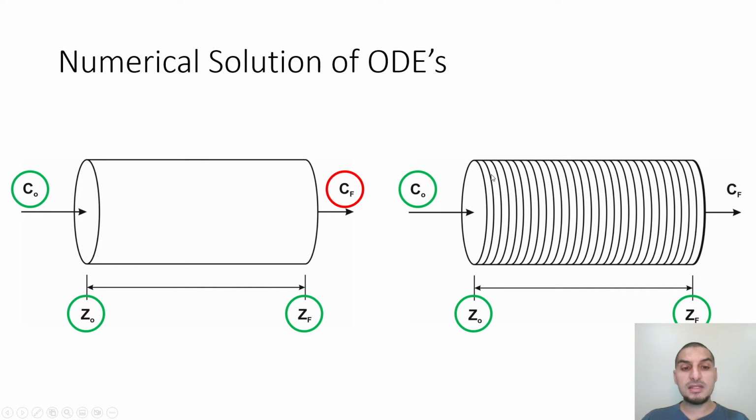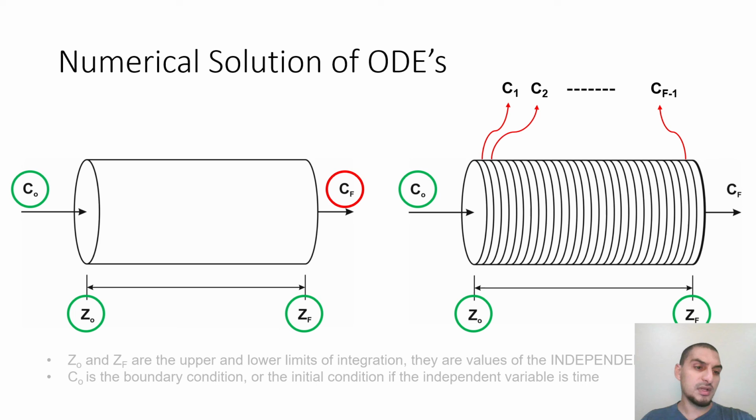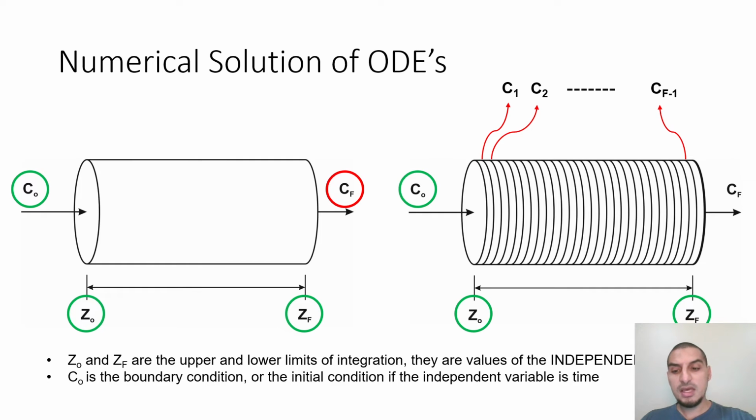Then you can calculate the outlet concentration from this first increment using the boundary condition, which is C node at Z node. By knowing C1, you can do the same and calculate C2, and you keep going, calculating each concentration from the previous one until you reach the final disk, where you can calculate CF minus 1 and consequently CF.